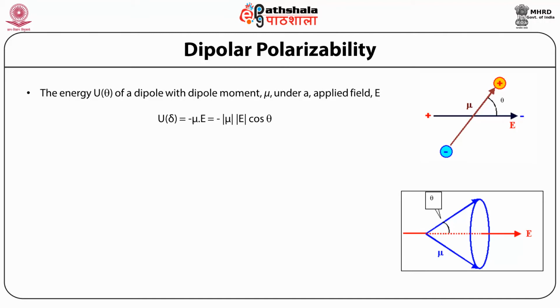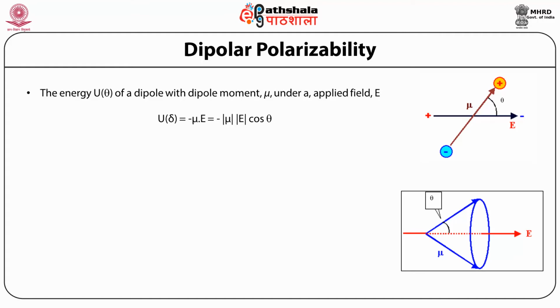Now we need to calculate the number of dipoles at an angle theta, N(theta), which can then be multiplied with the energy for that theta and then be integrated between theta ranging from 0 to 180 degrees to give us the total internal energy.